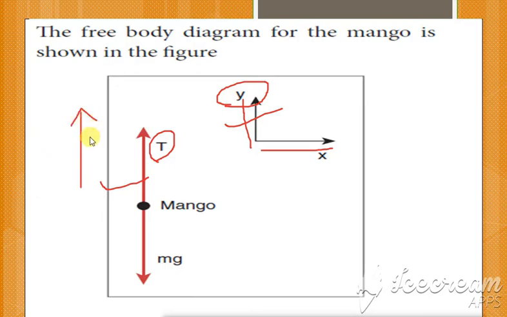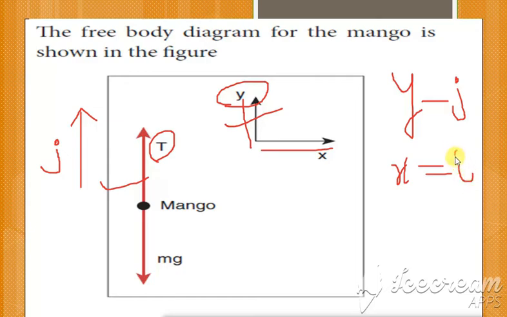Whenever you are considering the upward direction, that is j, because for the term y we write j, and for the term x we write i. Here we don't have any object moving along the x-axis, so we will not be considering the x-axis, only the y-axis. So when it is moving in the upward direction, it is j.